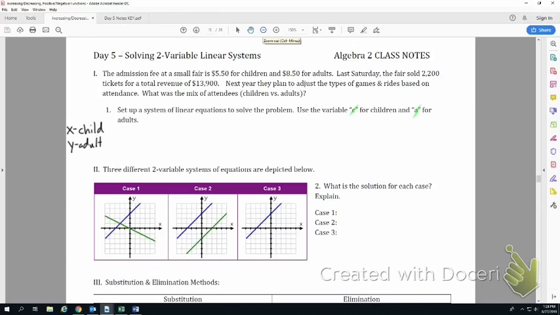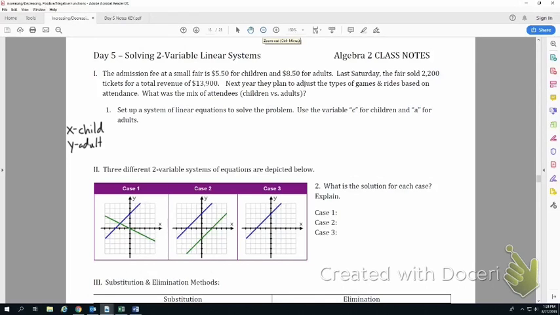So going back up to it, can anybody tell me one of the equations that would go into this system? It'll be 5.50. Okay, so 5.50. There's 5.50 for each child, 8.50 for each adult, and in total they made 13,900.